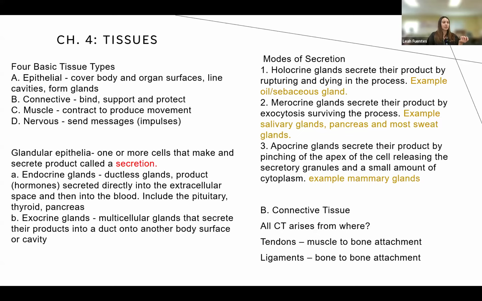Dense connective tissue is poorly vascularized. Other types of connective tissue have a rich supply. Another big thing to know is that connective tissue is comprised of cells, ground substance, and fibers.